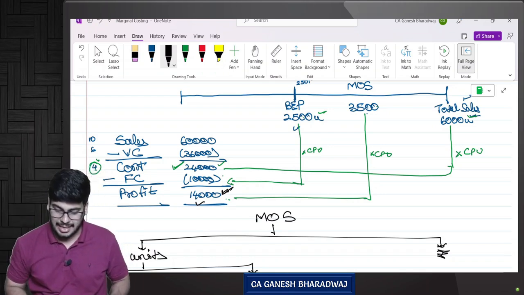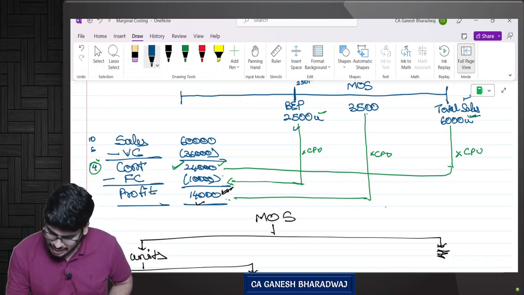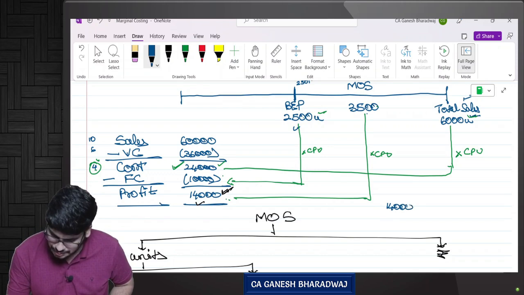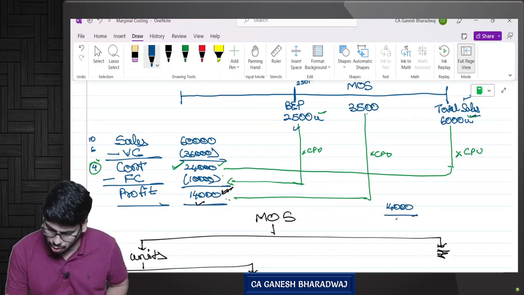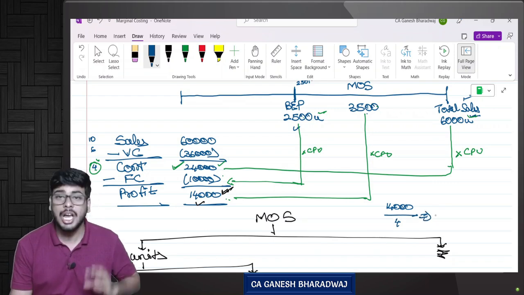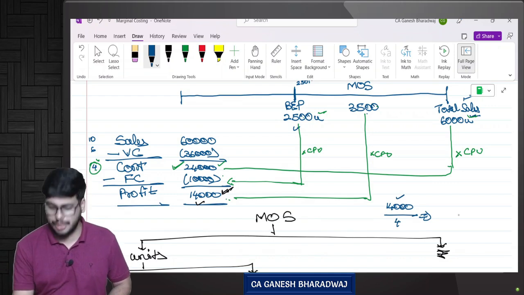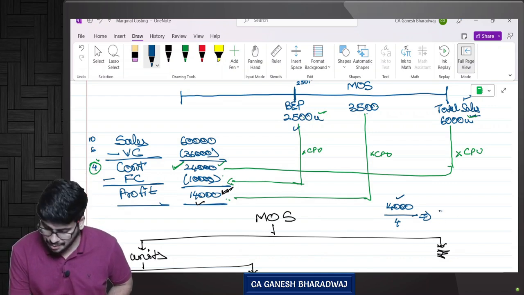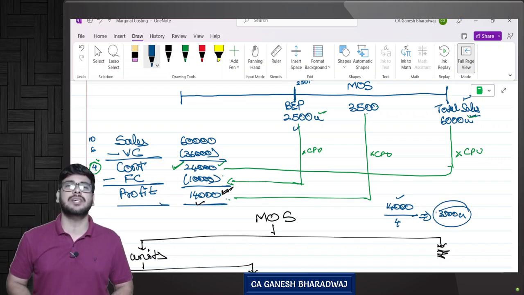Or in other words, if the profit is 14,000 rupees, each unit generated how much of contribution? 4 rupees. So totally, how many units were responsible for creating this profit of 14,000? 14,000 divided by 4, 3,500 units, correct? That is only called as my margin of safety, correct or not?